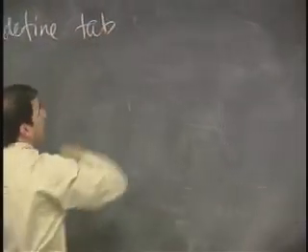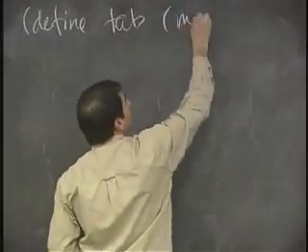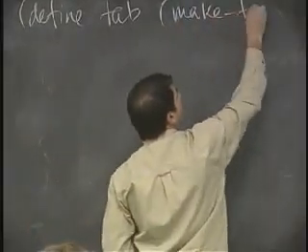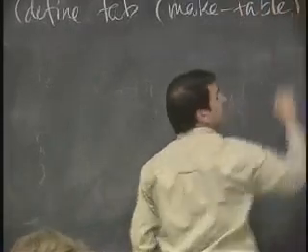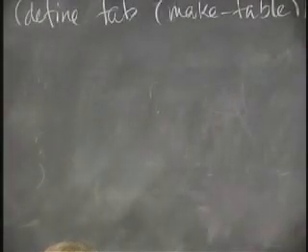I didn't bring that. So we'll do define tab. Why am I not saying define T to be make table? Why am I using tab instead of T? T would seem to be an appropriate abbreviation for table.